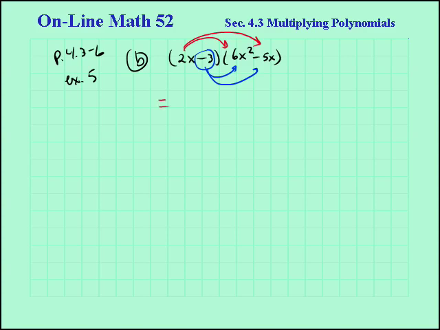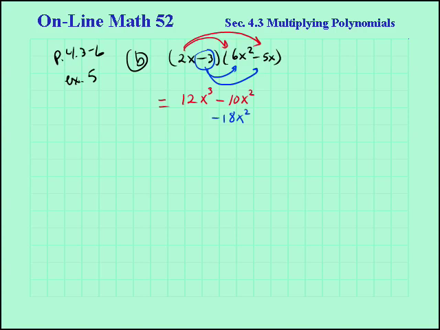So, the red, 2x times 6x squared, 12x cubed. 2x times negative 5x this time is a negative 10x squared. The 2 times the negative 5 is negative 10. In the blue, we have negative 3 times 6x squared is a negative 18x squared.